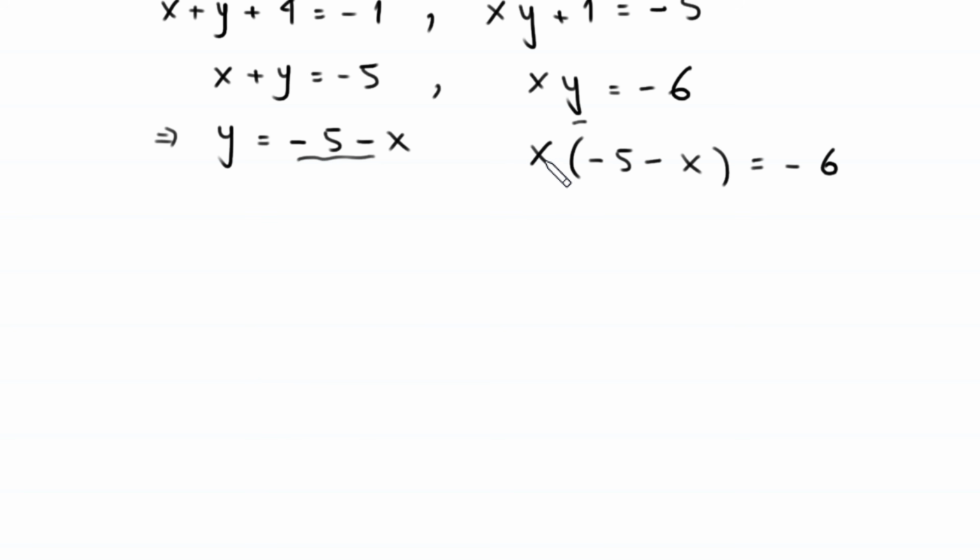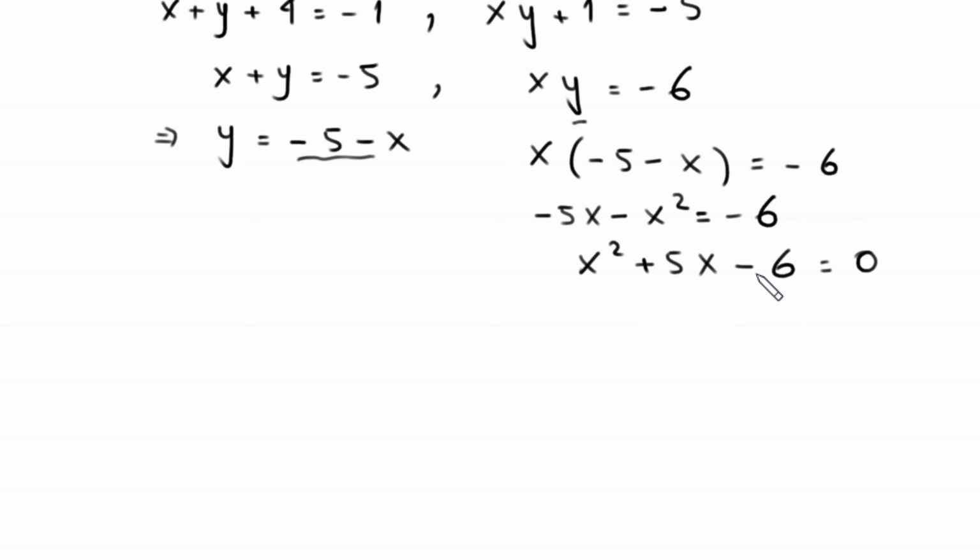Distribute this x times negative 5 is negative 5x and x times negative x is negative x squared, equal to negative 6. Move these two terms to the right hand side. This will become x squared plus 5 times x minus 6 equal to 0.